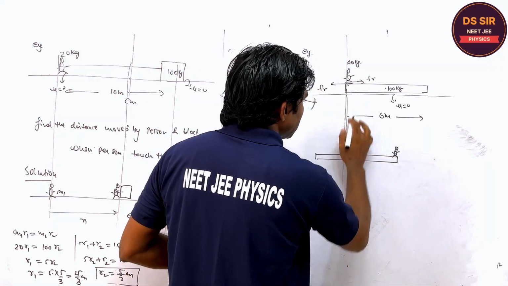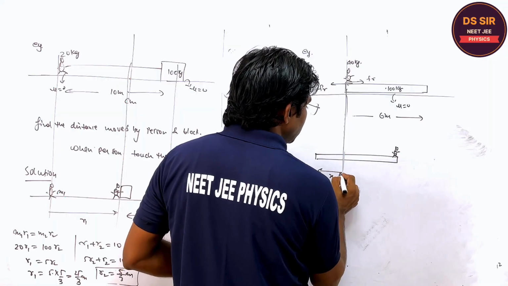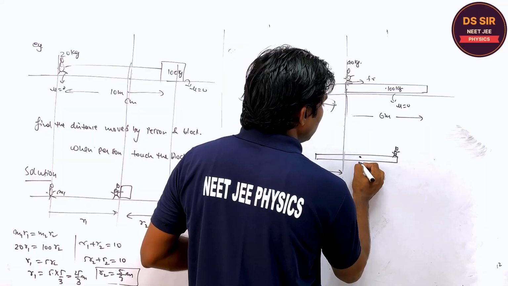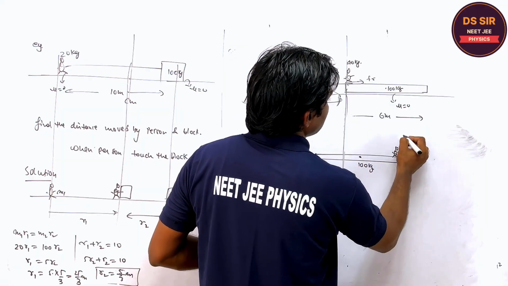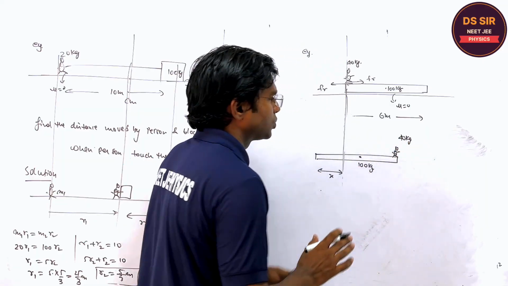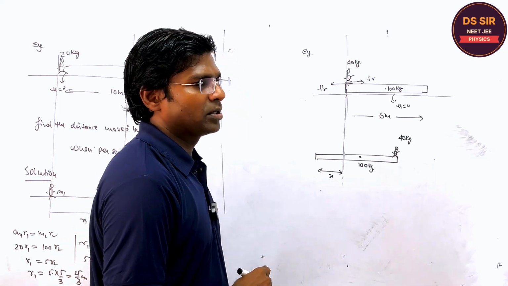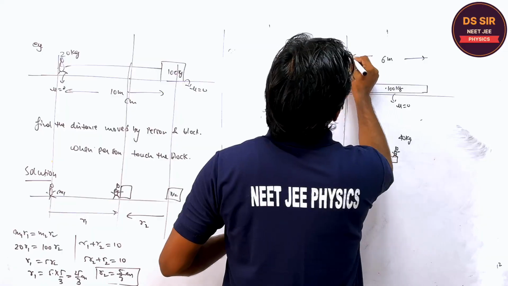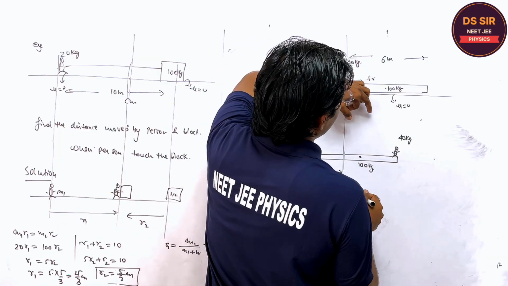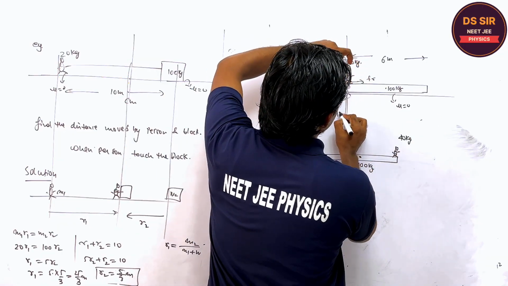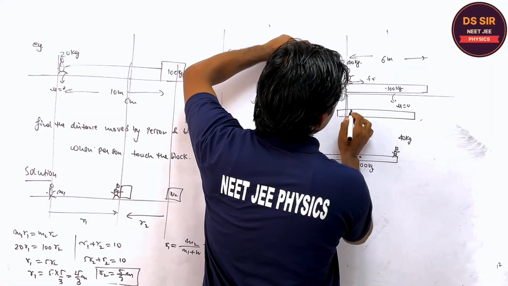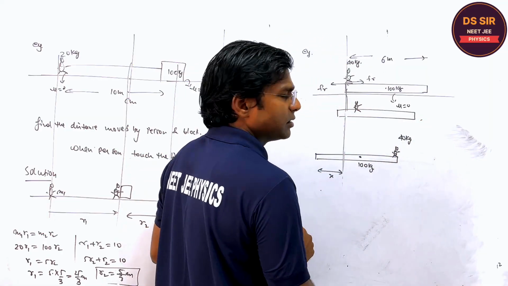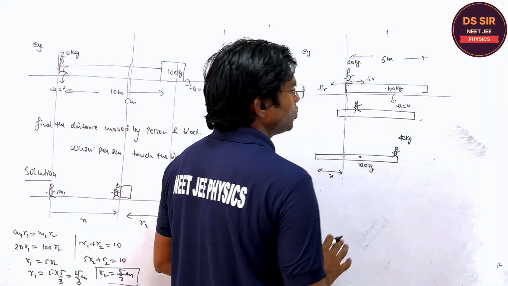In some questions, they ask what is the displacement of the plank. Are you getting or not? Yes, this is the question. Suppose this is 6 meter or 10 meter, whatever. When the person is moving on the plank like this, the plank moves like this, and finally it reaches this point.